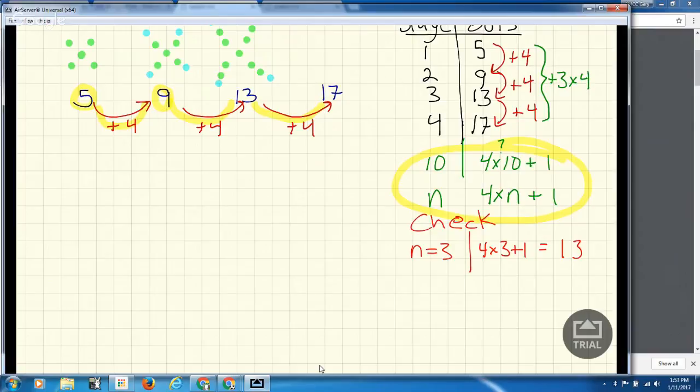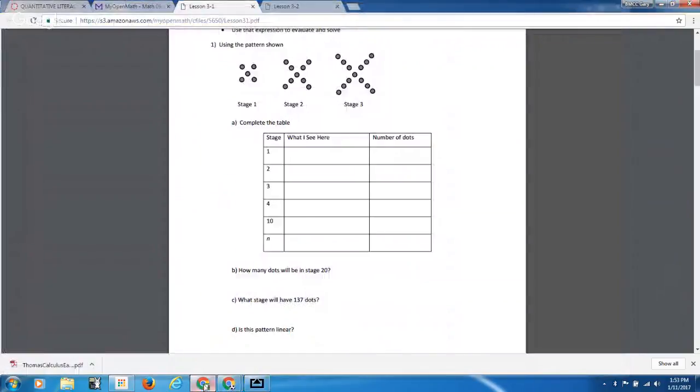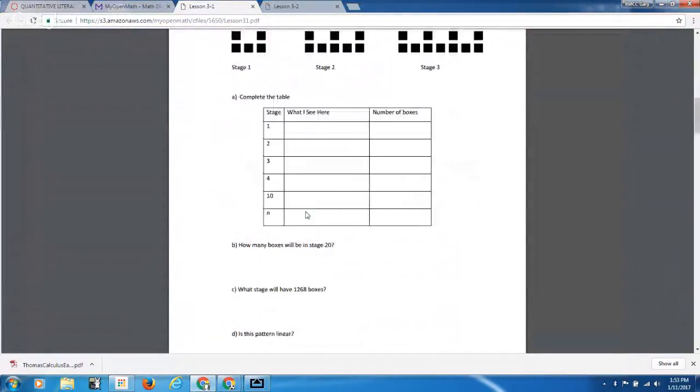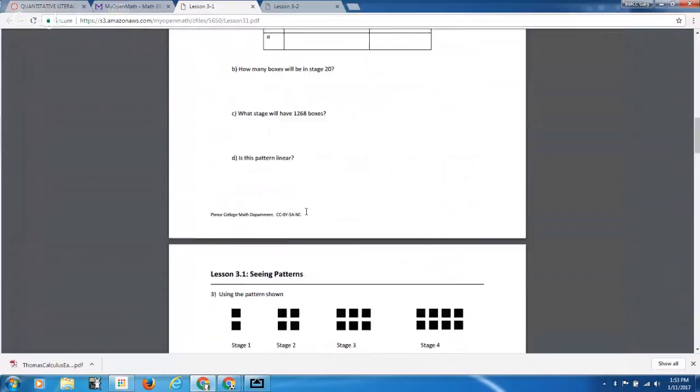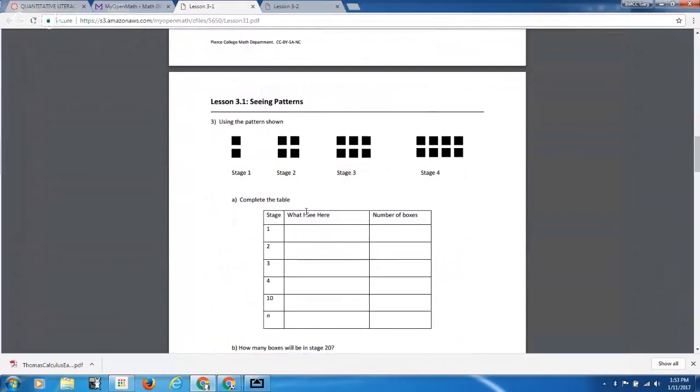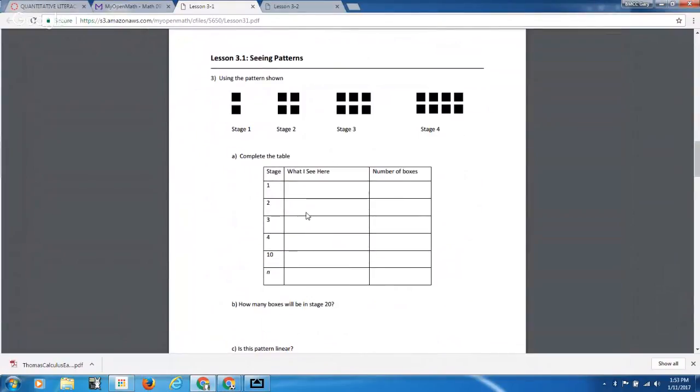Let's try another one. Let's do one that's a little bit harder. Let's see what the worksheet has for us here. All right, I think you'll have no problem with number 2. Number 3 is interesting. Let's try number 3. So number 3, we start off with 2, oops, you can't see my screen.